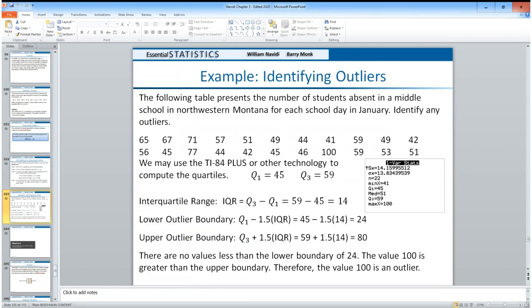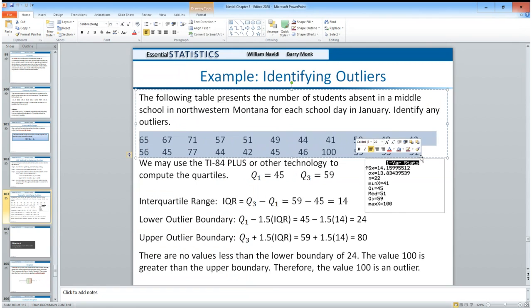All right. So what we're going to do is go back and look at this data. And the first thing I'm going to look at is just, is there anything lower than 24 in there? 65, 67, 71, 57, 51, 49, 40, and so on. There's nothing lower than 24. So there are no outliers on the lower side.